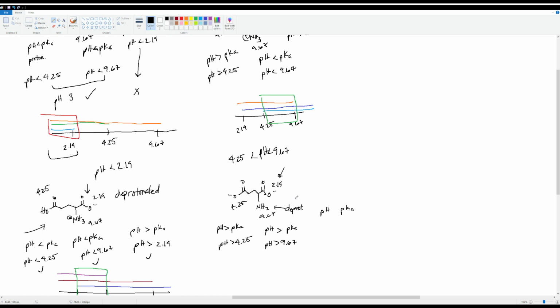So is pH less than, equal to, or greater than the pKa? Greater than. Yep. So our pH must be greater than our pKa, which means my pH must be greater than 2.19. And now, final time, get our number line, 2.19, 4.25, and 9.67.